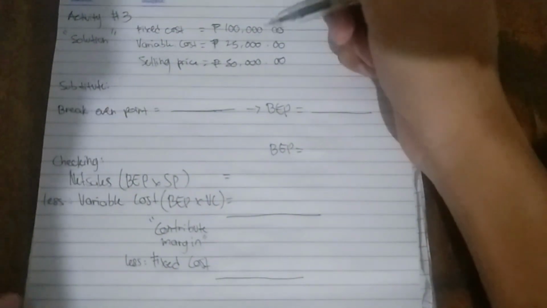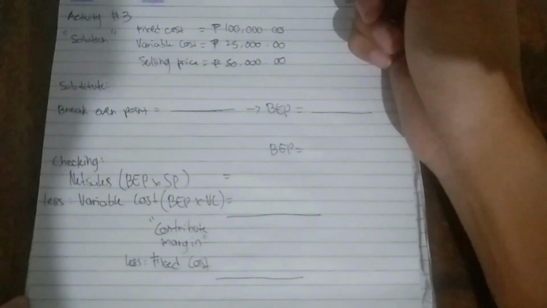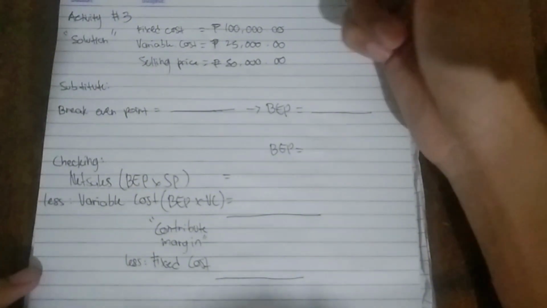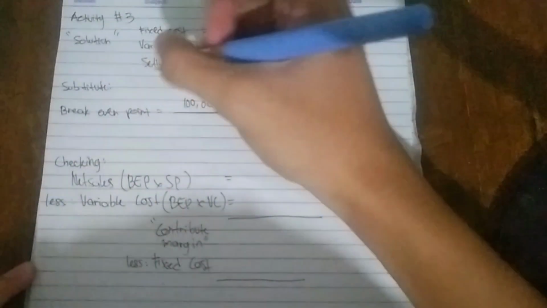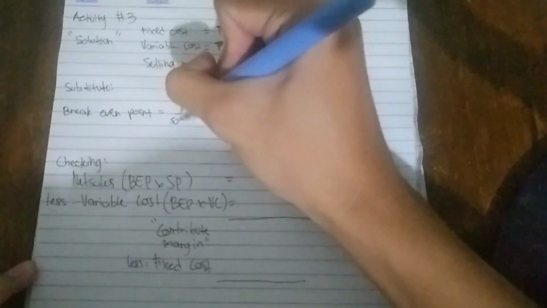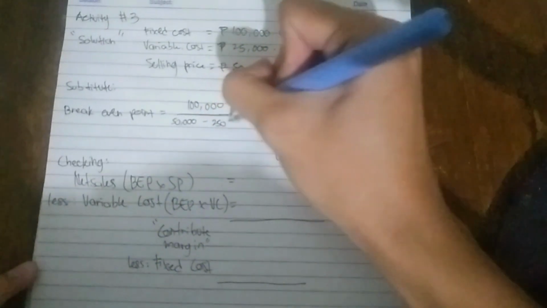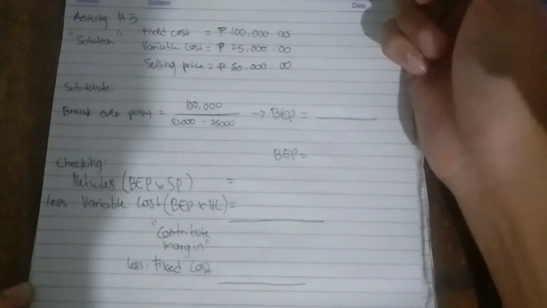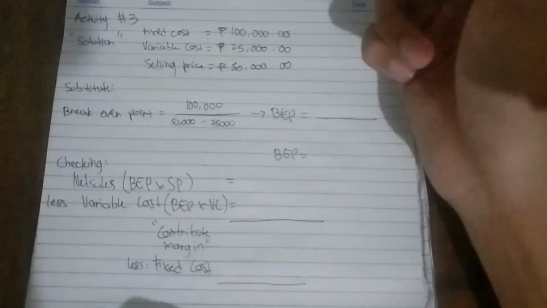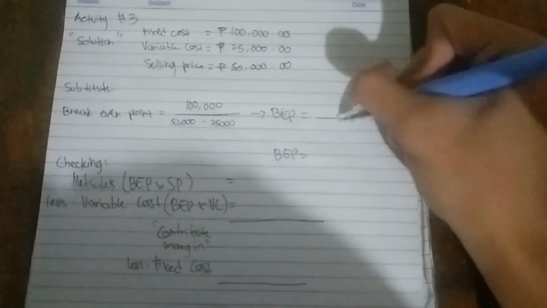Now we have all of this, we can now substitute. Break-even point equals FC na 100,000 pesos over SP na 50,000 pesos minus variable cost na 25,000 pesos. 50,000 pesos minus 25,000, you'll get 25,000.